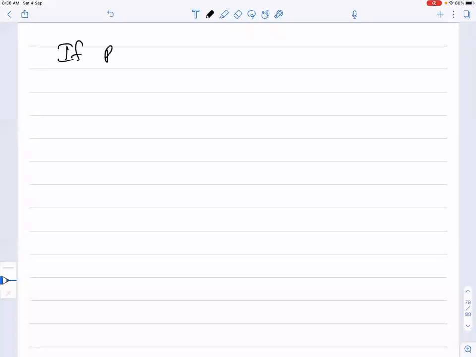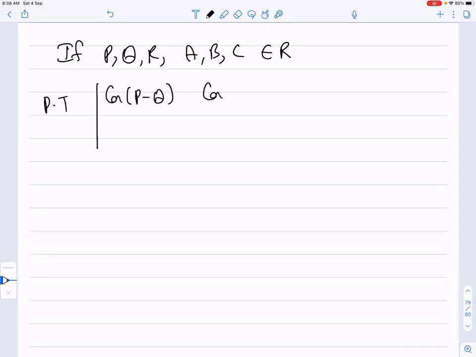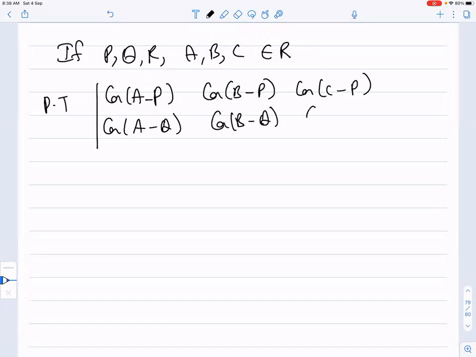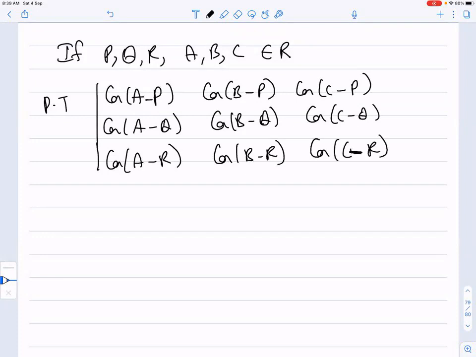If P, Q, R, A, B, C belong to R, real numbers, prove that the determinant with rows cos of P minus Q... cos(A−P), cos(B−P), cos(C−P); cos(A−Q), cos(B−Q), cos(C−Q); cos(A−R), cos(B−R), cos(C−R) equals 0.